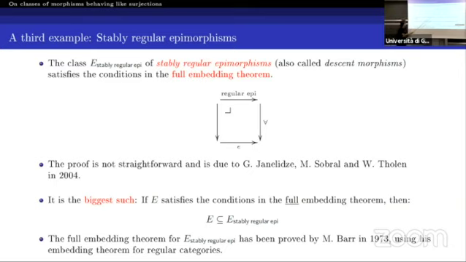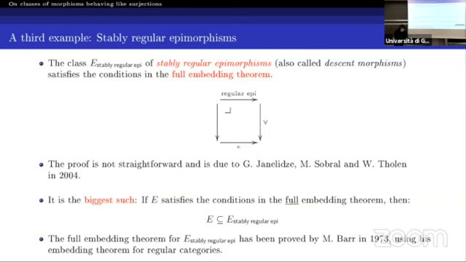But this is due to Giuseppe Janelidze, Manuela Sobral, and Walter Tholen in 2004. And it's the biggest class satisfying the condition for the full embedding theorem, namely that all of them are included in the class of descent morphisms. And so since it satisfies the condition for the full embedding theorem, we have a full embedding theorem, which is known. It has been proved by Barr in 1973, and he proved it using his own embedding theorem for regular categories.